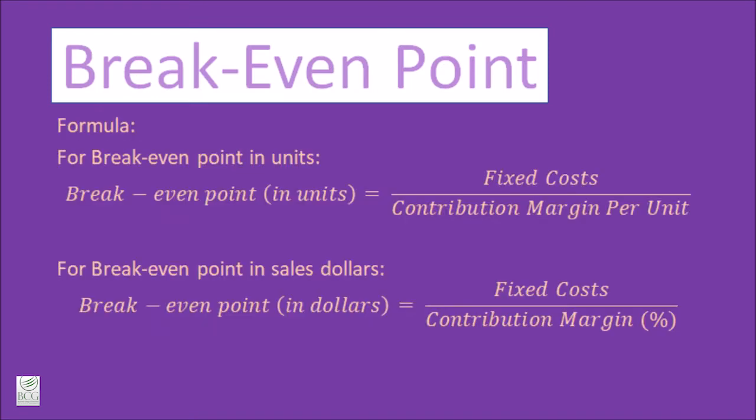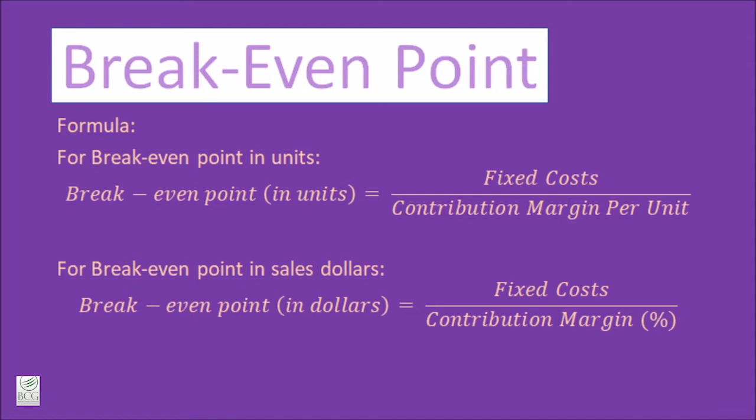Now moving on, we're going to present the formulas for the break-even point analysis. If you are asked for the break-even point in units, the formula is: break-even point equals fixed cost divided by the contribution margin per unit. So highlight that per unit.